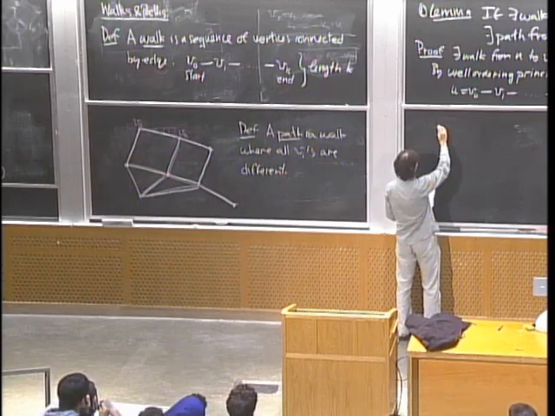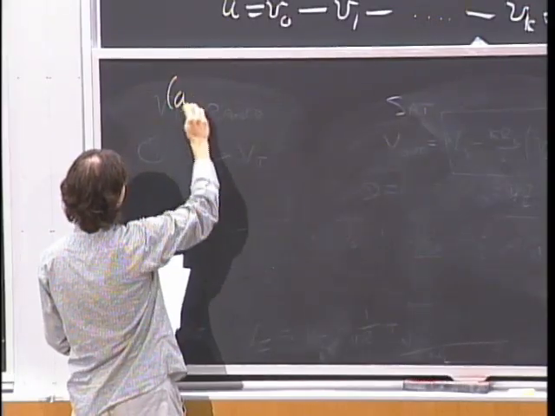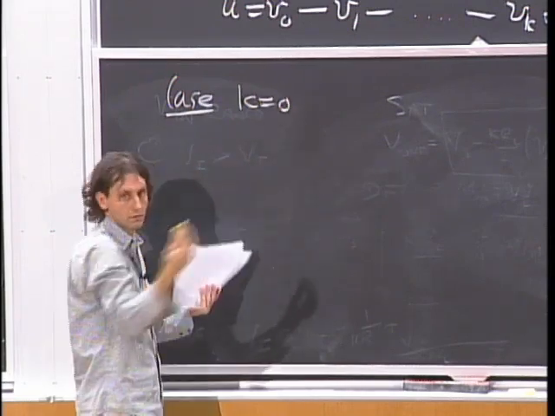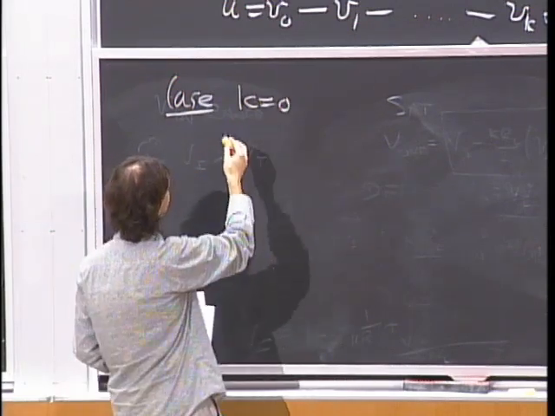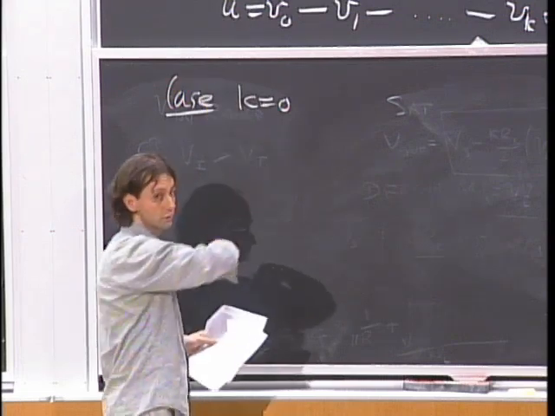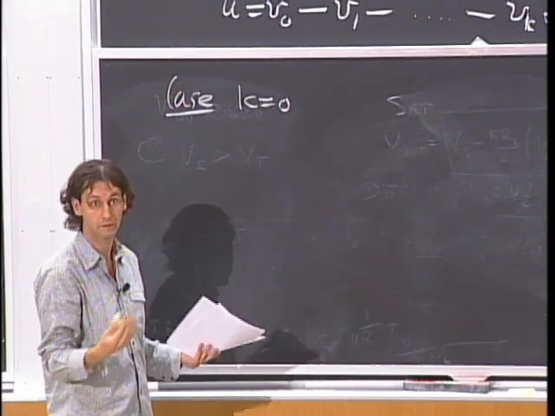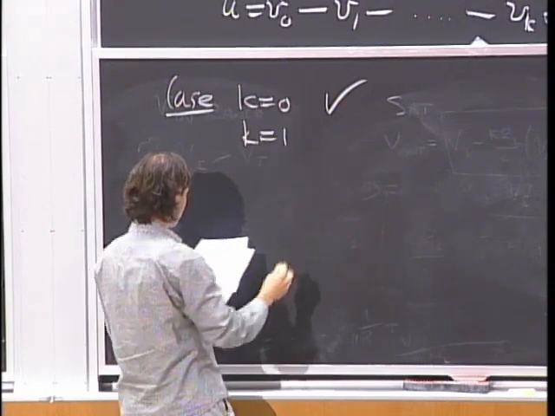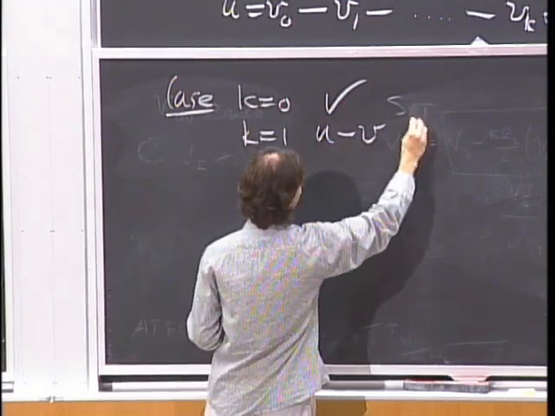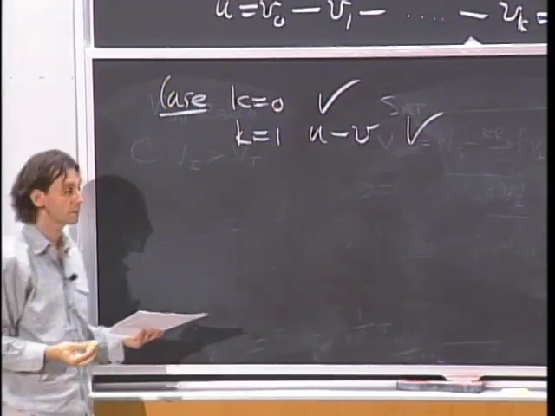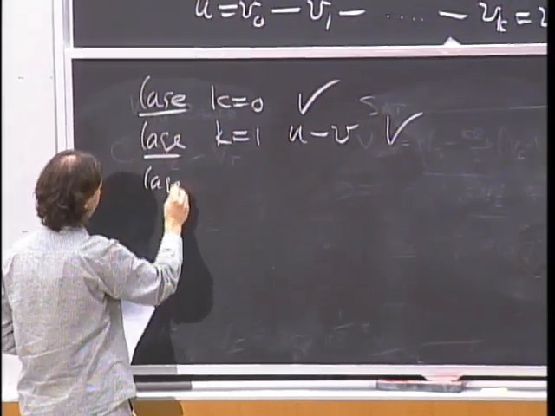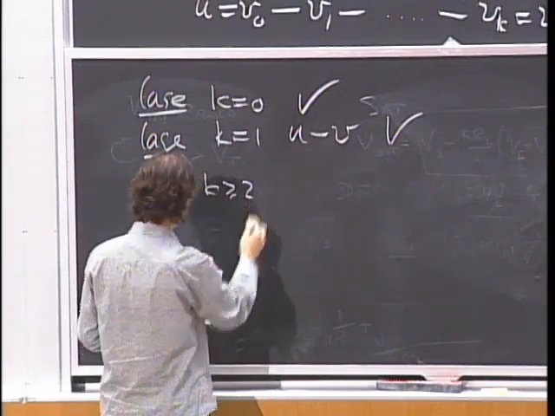So, first let's consider a few cases. If k equals 0, then that's pretty obvious. We have only a single vertex u that is connected by a zero-length path to itself. So this is fine. For k equals 1, we have just a single edge, and then we're done too. That's a path as well. So let's consider the case where k is at least 2.